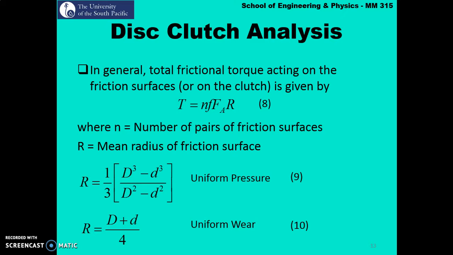In general, the total frictional torque acting on the clutch is given by T equals N f R, where N is the number of friction surfaces, f is the coefficient of friction, and R is the mean radius of the friction surface. For uniform pressure, R is calculated using equation 9, and for uniform wear, R is calculated using equation 10. So these equations are used when you're given a problem which is in a general form.